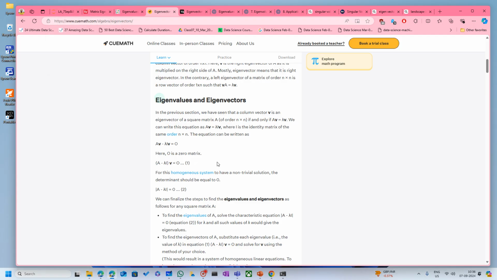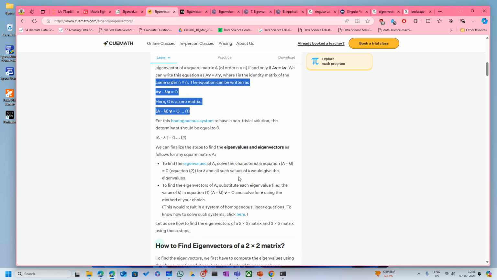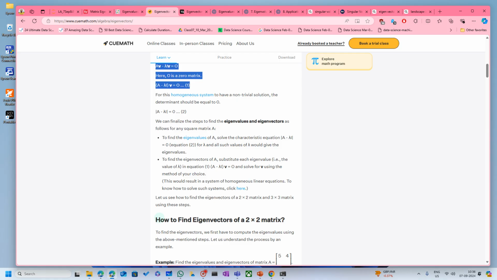Whatever the scenario is, this condition should be met for an eigenvector. The value by which these vectors undergo the transformation is called the scalar value, which is the eigenvalue, and the eigenvector is the resultant vector, which also looks like a matrix.